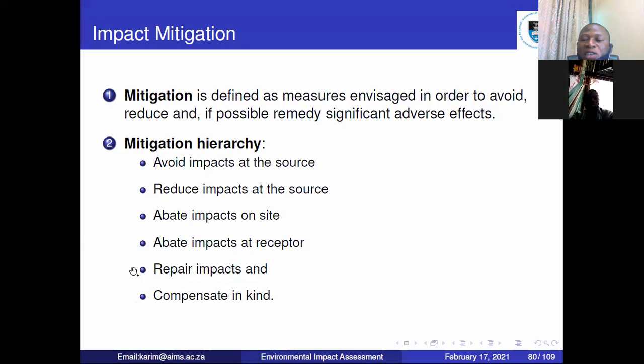The building will not last as long compared to if there had not been a road constructed by the house. So you have to compensate in kind. There are certain activities that will affect lives, and you need to compensate either by planting more trees or by paying in money.